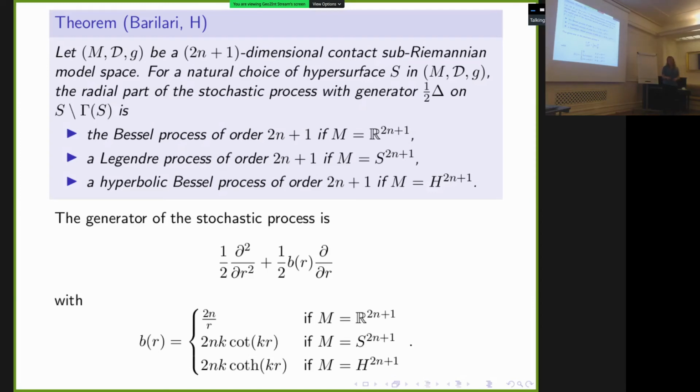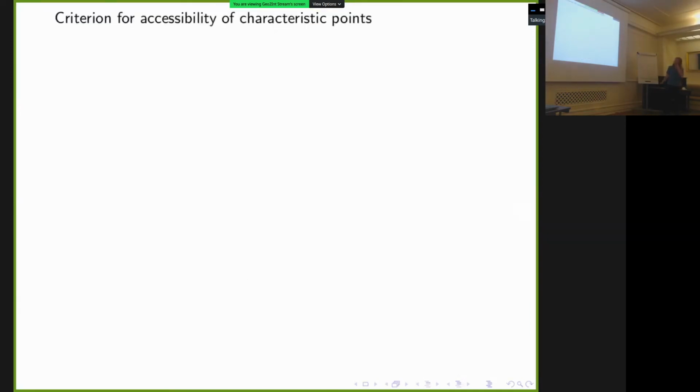One last thing I want to highlight, because this is something I would like to gain some better understanding of at some point, and it's not included in the work with Davide, is to get a better understanding of those characteristic points.